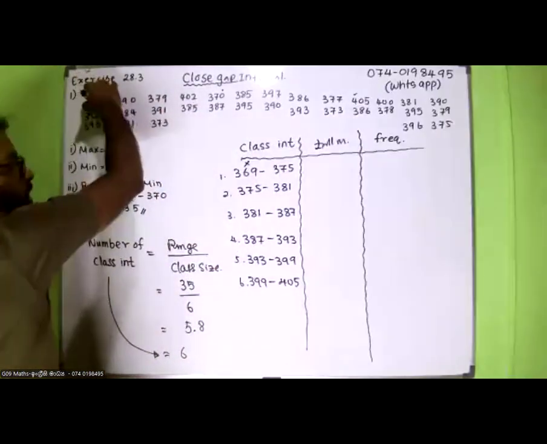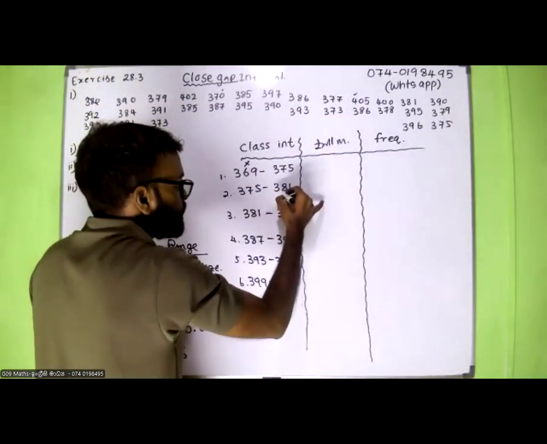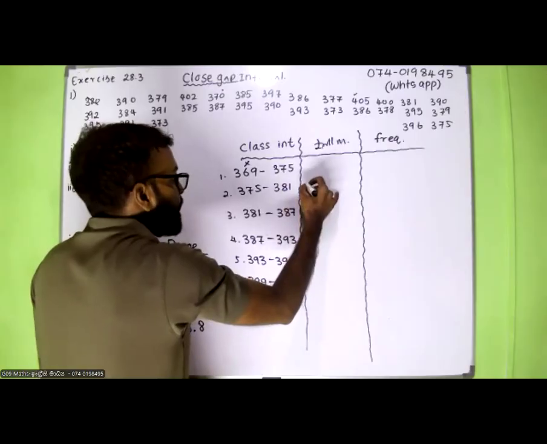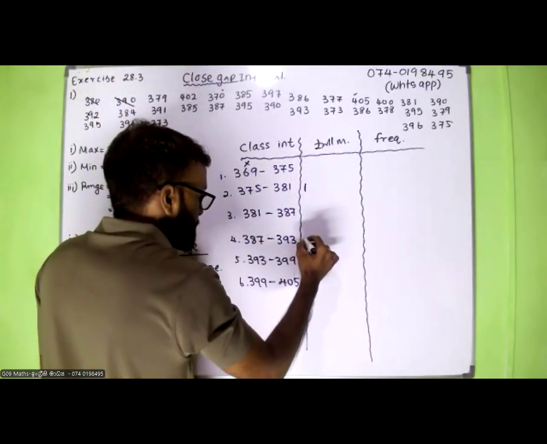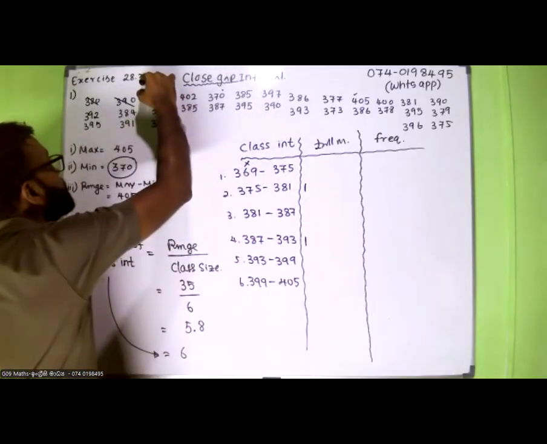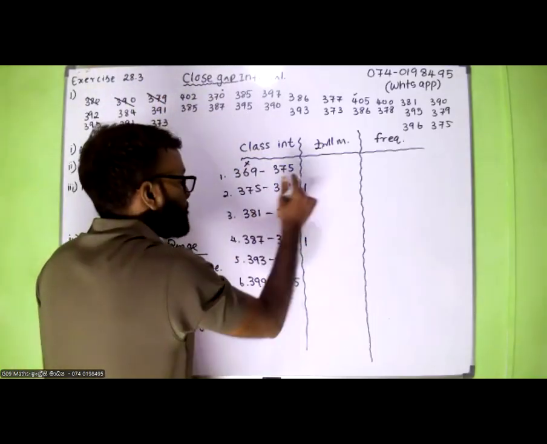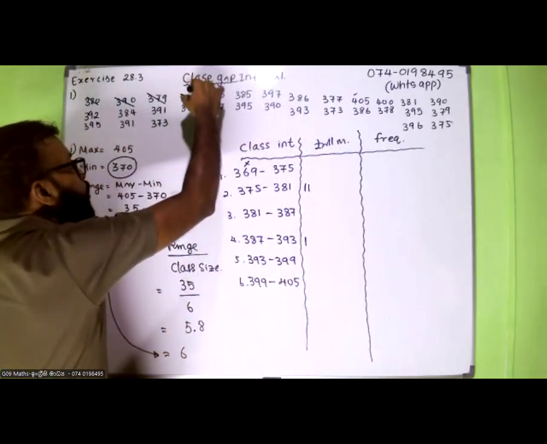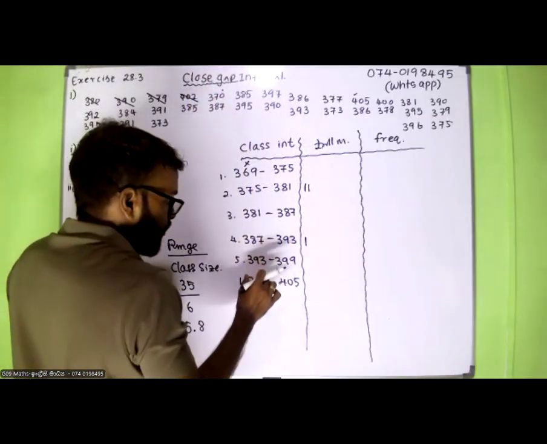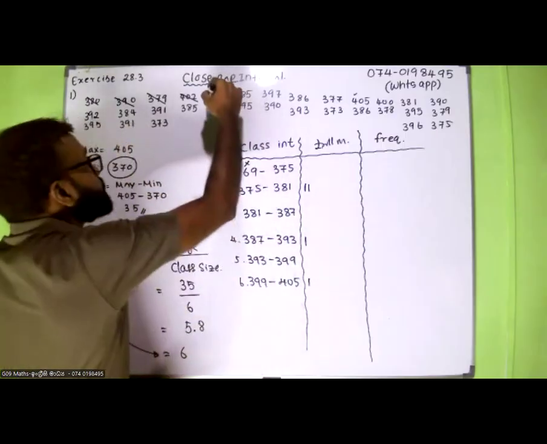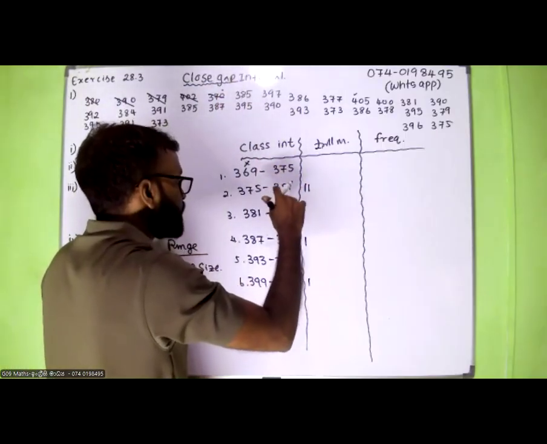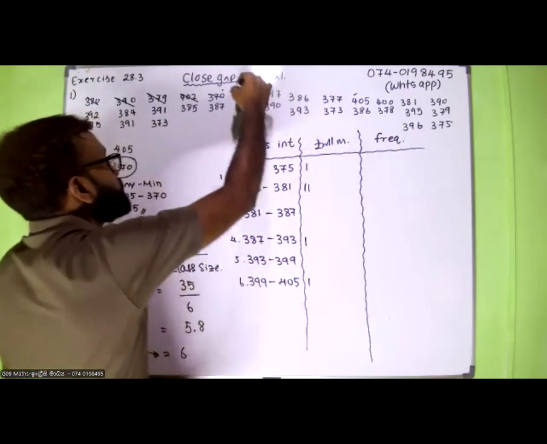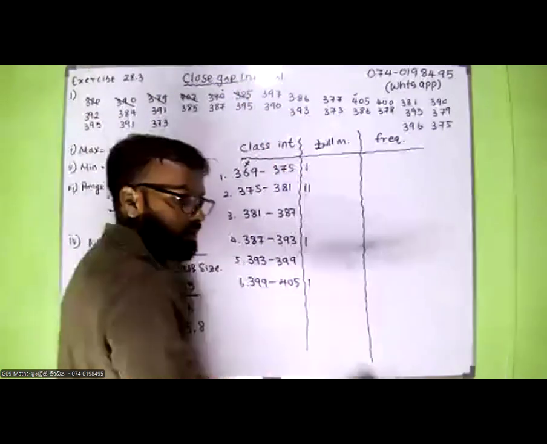First one, 380, for this class. 390, this class. 379, this one. 402, this class. 370, this one. 385.